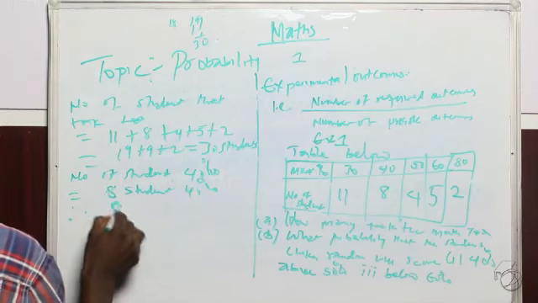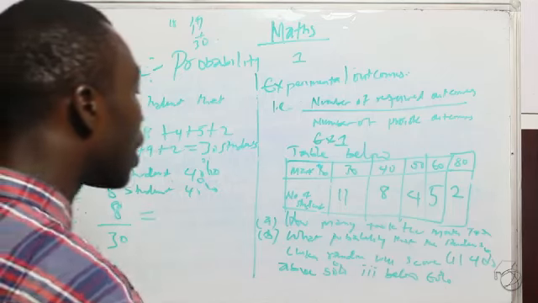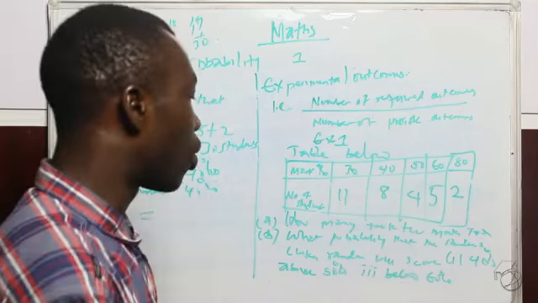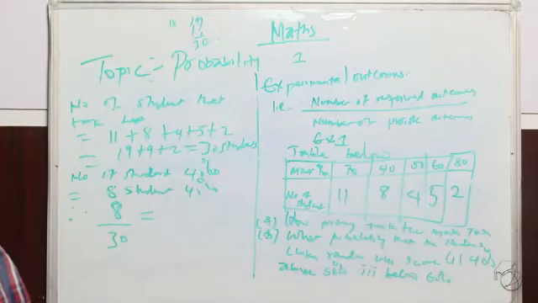Therefore, 8 over 30 is equal to the number of students that will score 40%. That is, we have 8 students that score 40%, and the total number of students is 30 students.